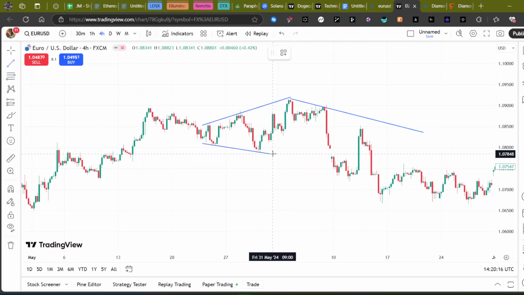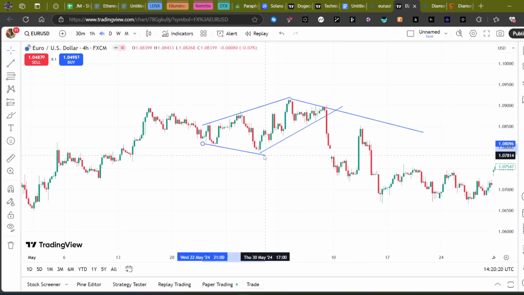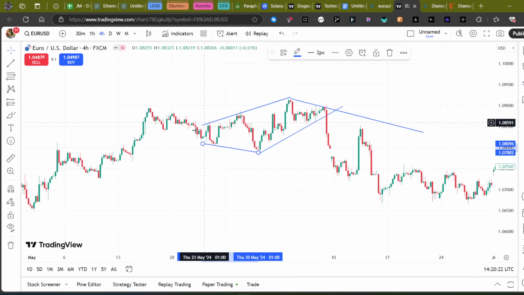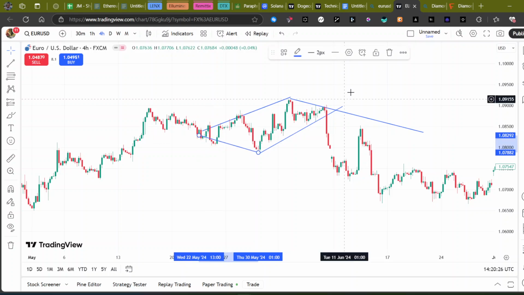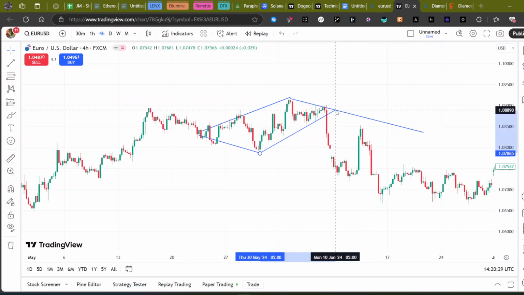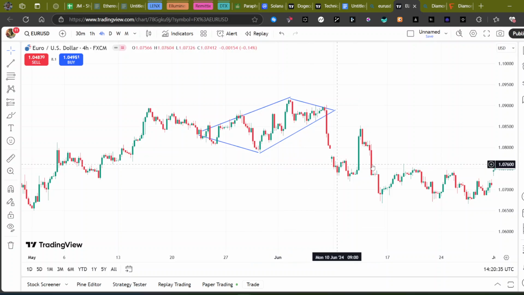We actually have higher lows here. Now, in as much as this is not exactly a perfect diamond shape per se, we can see that this is kind of like a diamond shape.